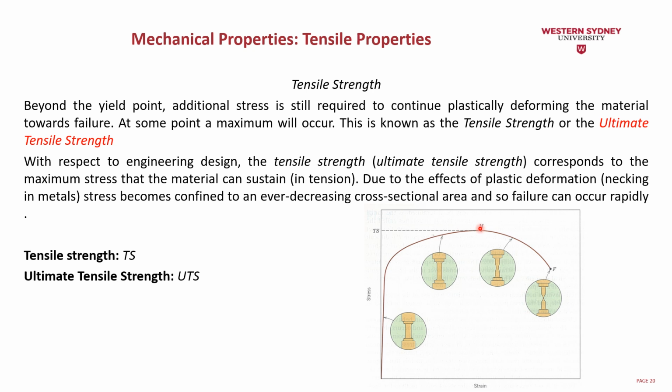Due to the effects of plastic deformation, there is necking in the metal, where the specimen diameter drops at a certain point, and stress becomes confined to an ever decreasing cross-sectional area, so the failure can occur rapidly. So you can see that the tensile strength here is known as the TS, and the ultimate tensile strength is known as the UTS.